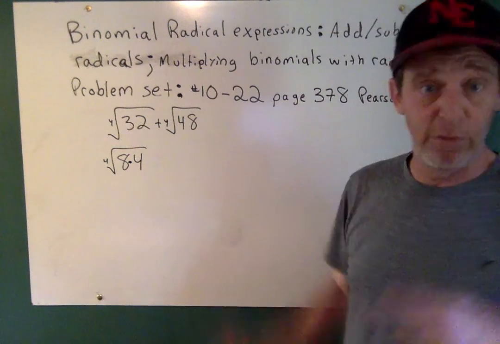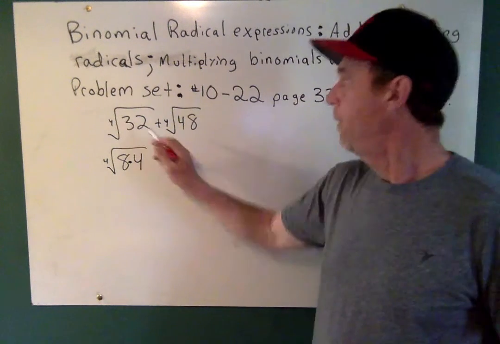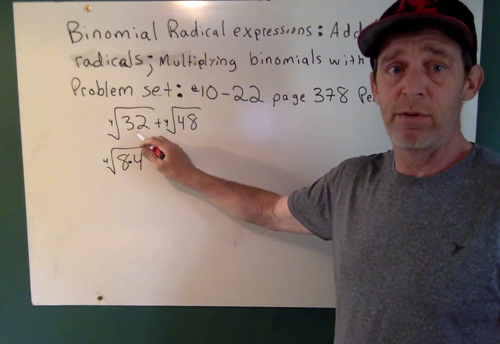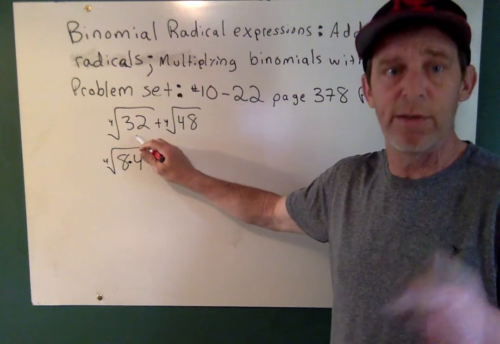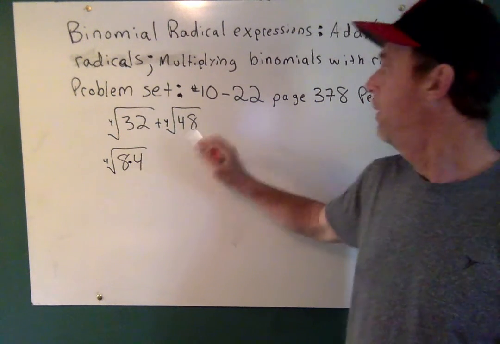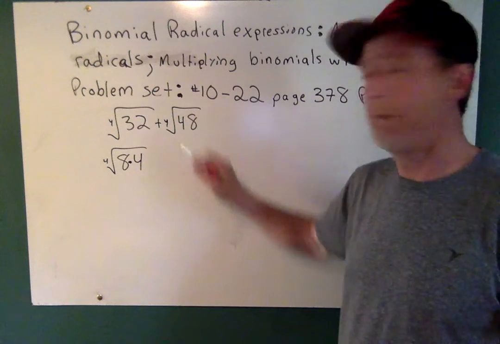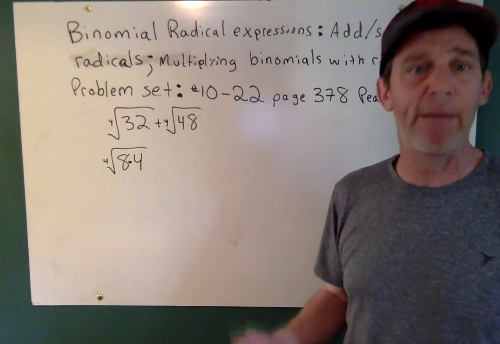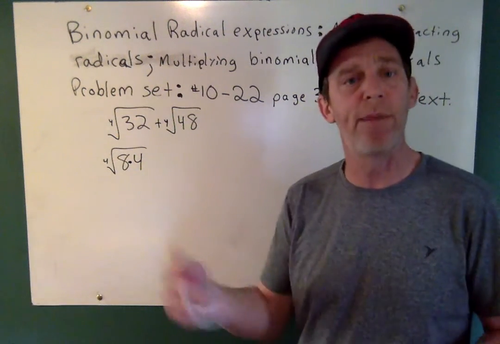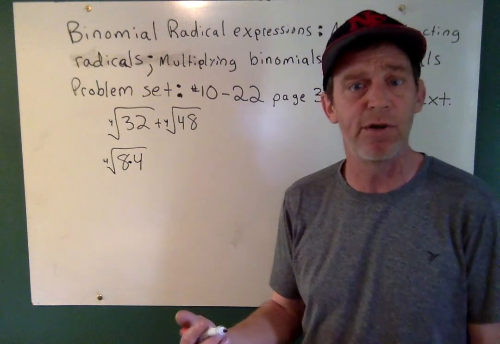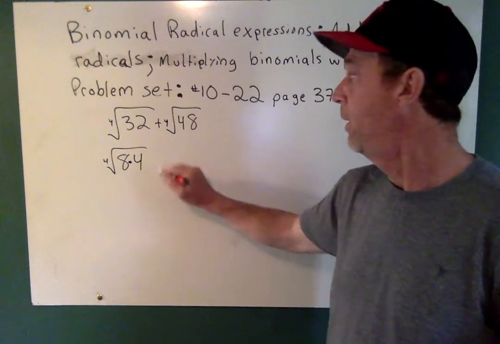Now, of course, if you're ahead of this, a shortcut is that this is 16 times 2, and 16 is 2 times 2 times 2 times 2. It's a fourth power. This is 16 times 3. And 16, of course, is a fourth power. That's generally what's going to end up happening if you start memorizing some of these things. It makes your work a lot easier. You can still get there, though.